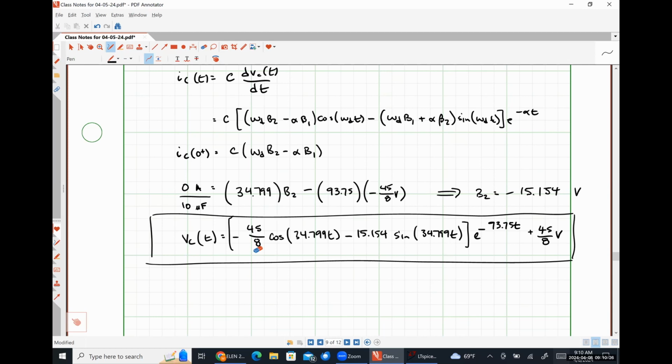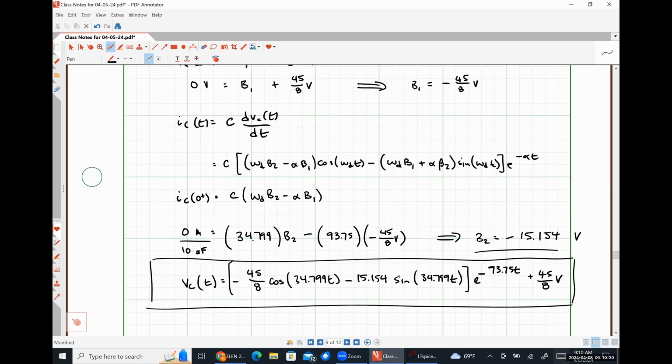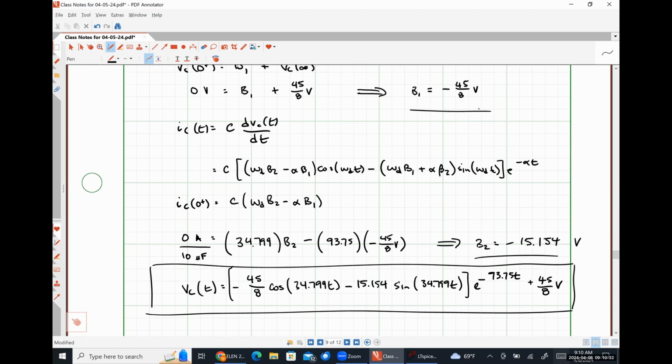The other way would be to take these coefficients that we got, B1 and B2, use them to find the capacitor current, because the capacitor current and the inductor current are the same thing, and then just take the derivative of that current. I am too lazy to do that.